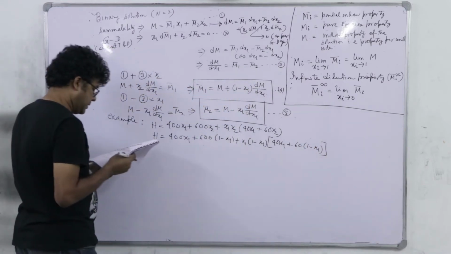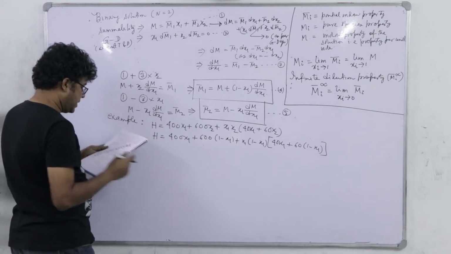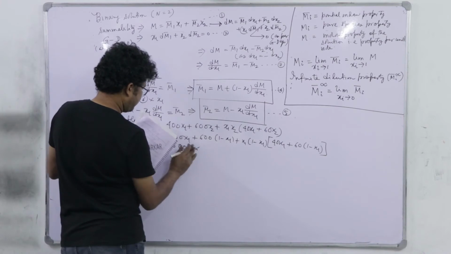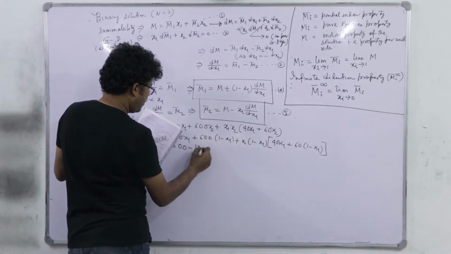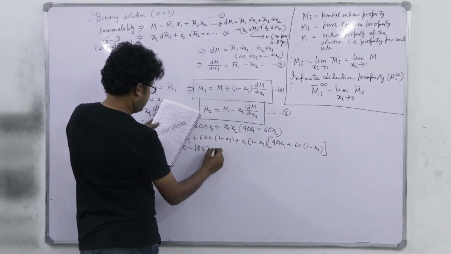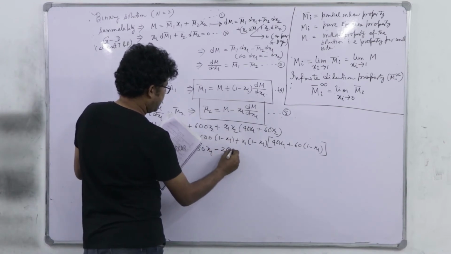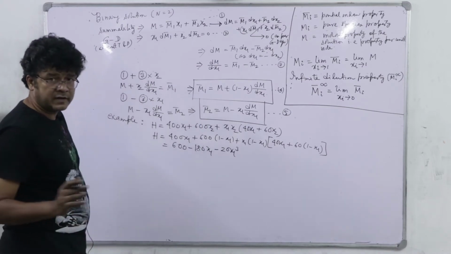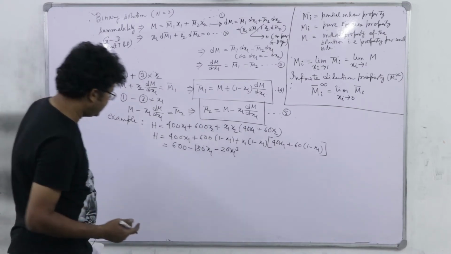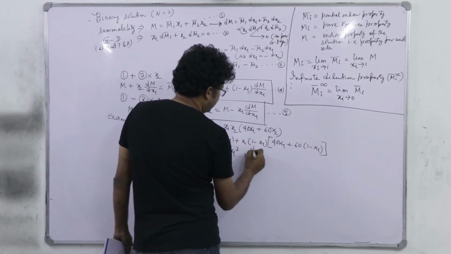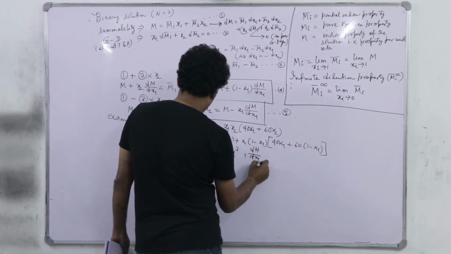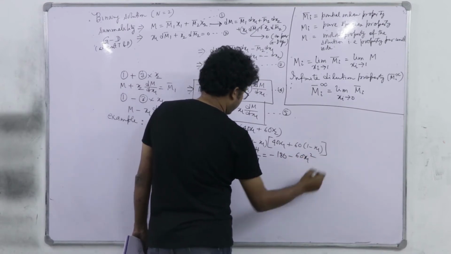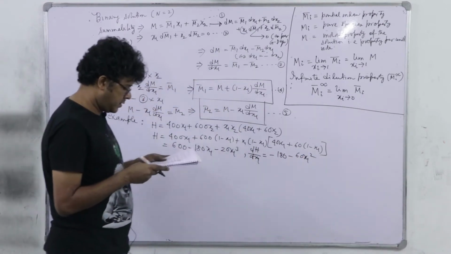And if you do that, you will get this equal to 600 minus 180 x1 minus 20 x1 cube. So, that is the h expression explicitly represented in terms of x1. So, dh/dx1 is minus of (180 minus 60 x1 square).